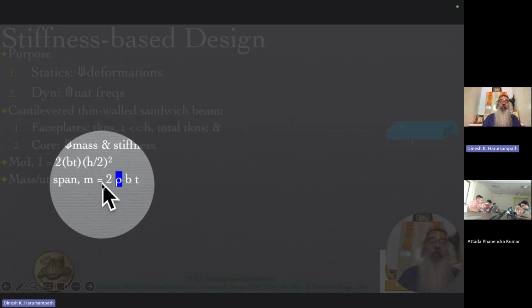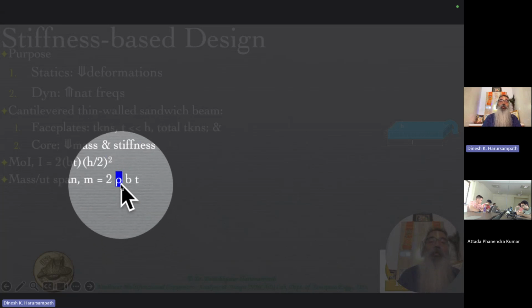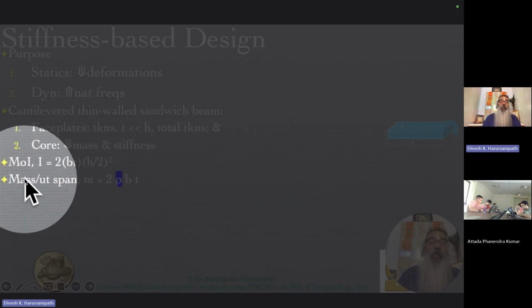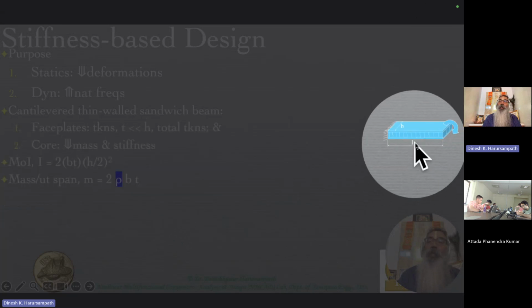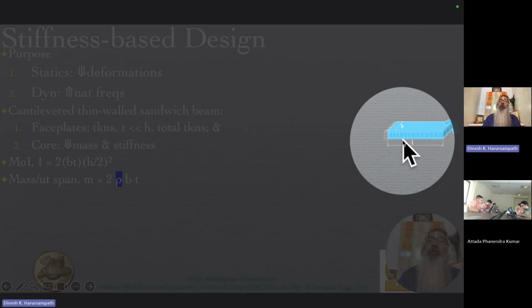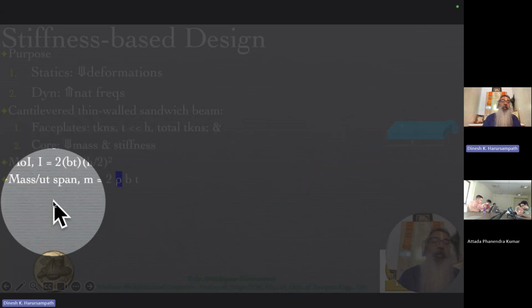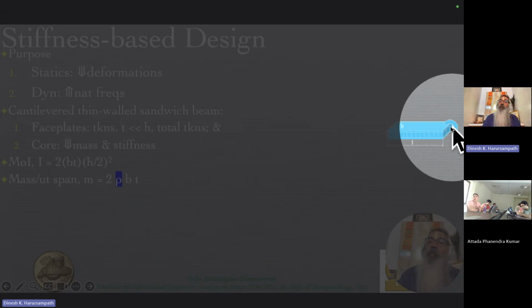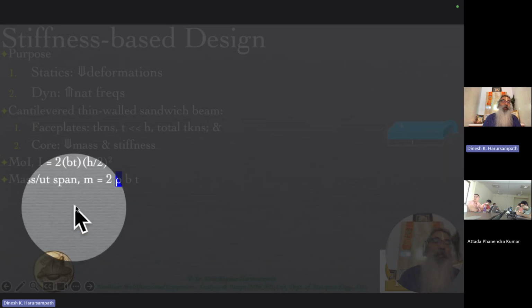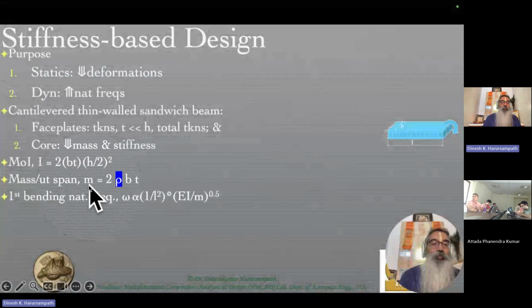It is because there are two phase sheets that there is a 2, and because it's mass per unit span, I'm not multiplying explicitly by the length. If we do, we will get the total mass. So instead, we are multiplying by 2bt, which is the cross-sectional area: bt for the top phase sheet and bt again for the bottom phase sheet.